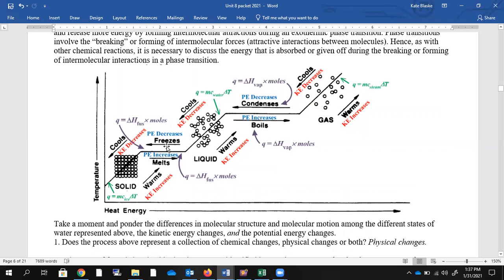Once all of those particles have their intermolecular forces broken up and all have turned into a liquid, then any additional energy added to that system is just going to increase the temperature of those liquid particles. As we increase that temperature, we're increasing the molecular motion, which means my kinetic energy is increasing. Again, I hit a particular point where now I have enough energy to break apart any additional intermolecular forces that exist there.